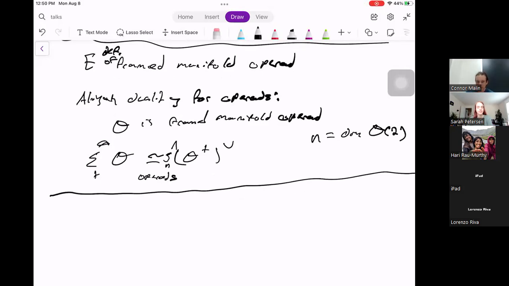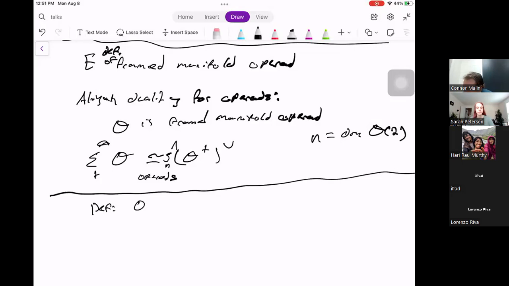Here I'll tell you where the trick comes into play. The trick is actually getting a manifold operad which is related to the bar construction. And so we're going to give the following definition.